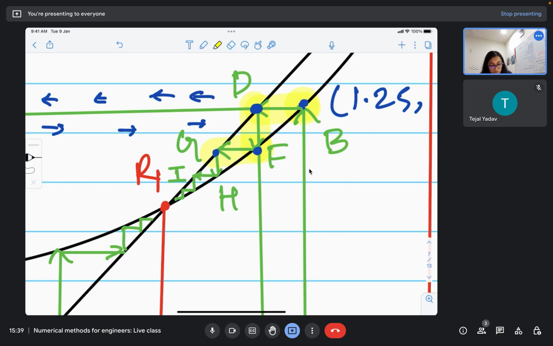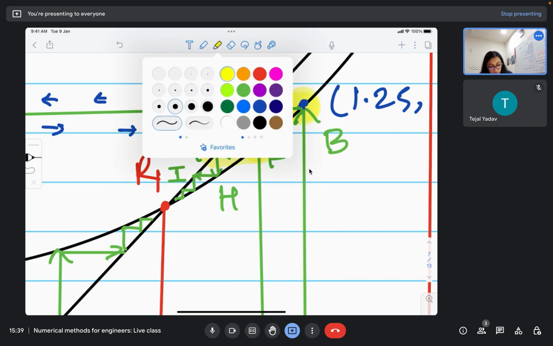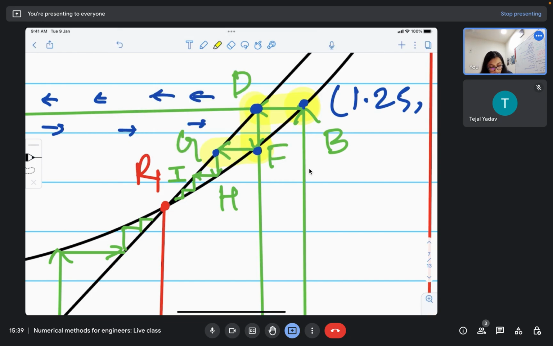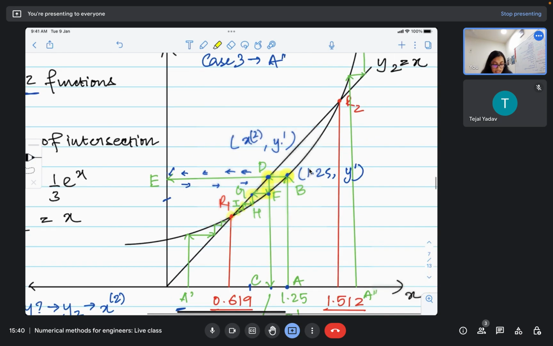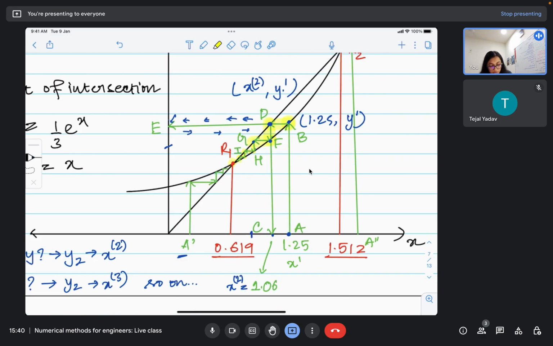From that point you come here, then here, then here, then here, then ultimately you are at the root. Similarly, if we take another example, imagine you have started at this point. You know that one of your roots is 0.619. You go and intersect this particular line, reach one of the functions, and understand the value of y.